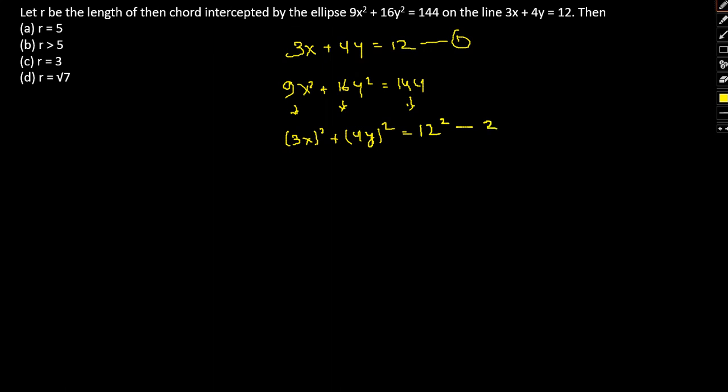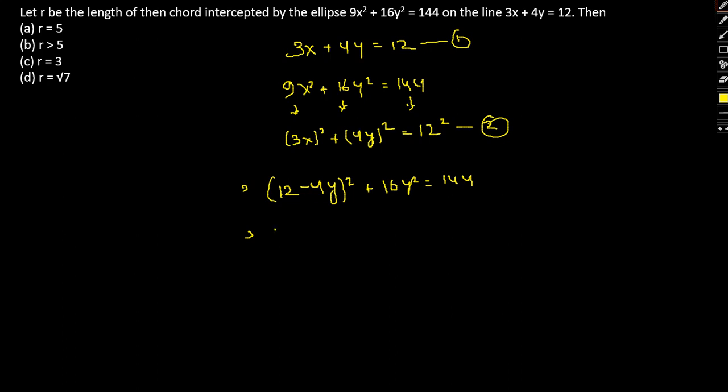Say this one be 2. So now if we solve 1 and 2, let's replace 3x with respect to equation 1, that will be (12 minus 4y) whole square plus 16y square equal to 144.